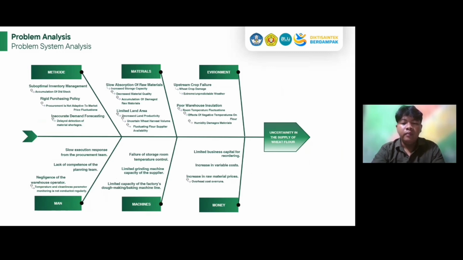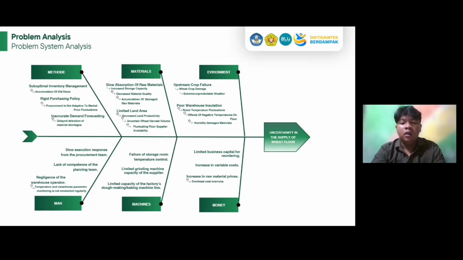This fishbone diagram shows the root cause of wheat flour supply uncertainty. The causes are categorized into six factors: method, man, material, machine, environment, and money. Key issues include ineffective inventory management, forecasting error, supplier and harvest uncertainty, limited production capacity, environmental factors, and financial constraint.